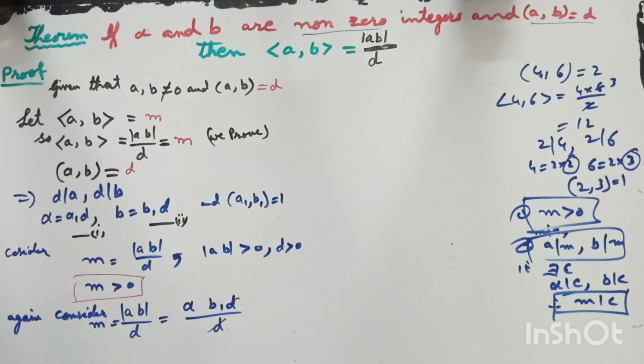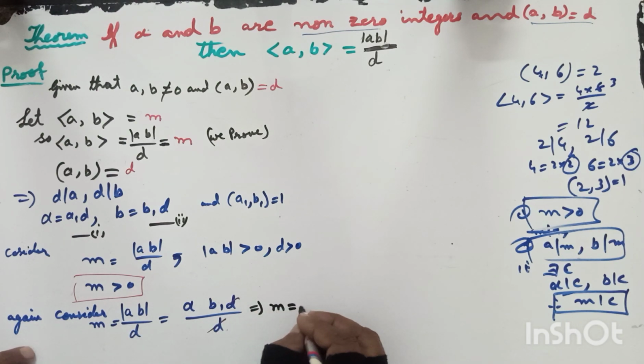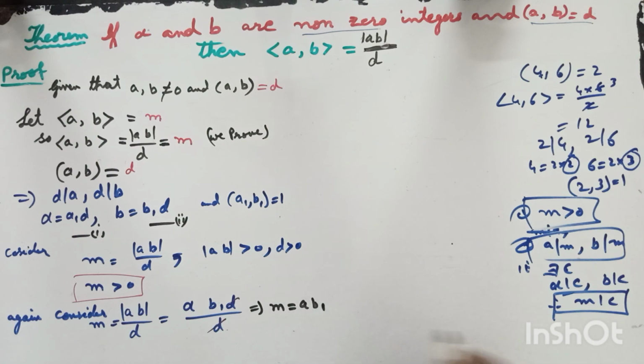Which implies M is equal to a b1. This is a multiple and these are its two factors, just like 6 is equal to 2 multiplied by 3. So a factor must divide the multiple: a divides M.